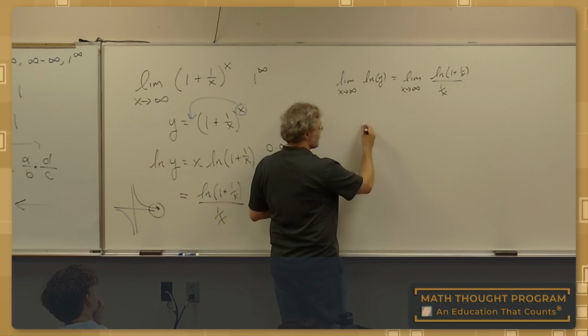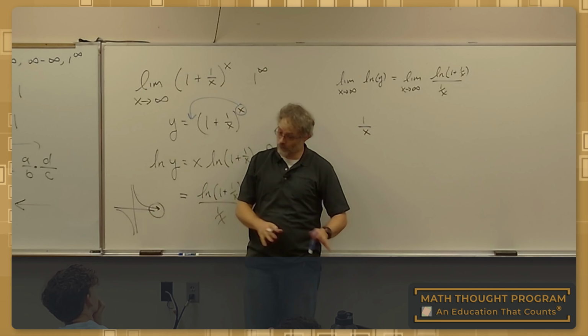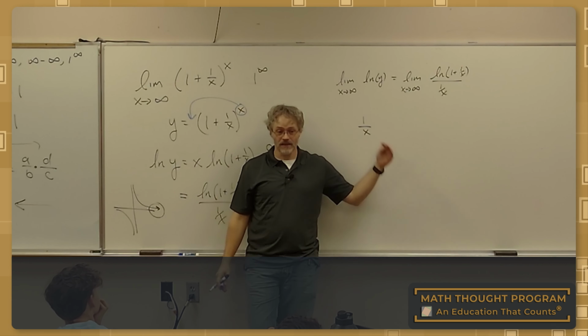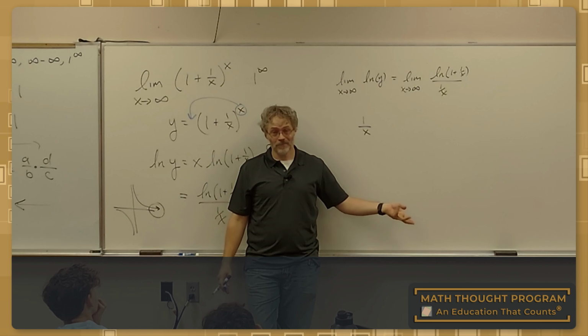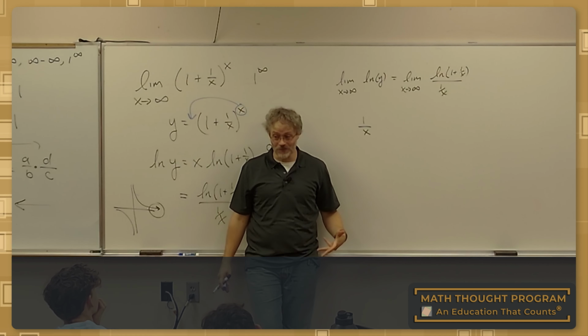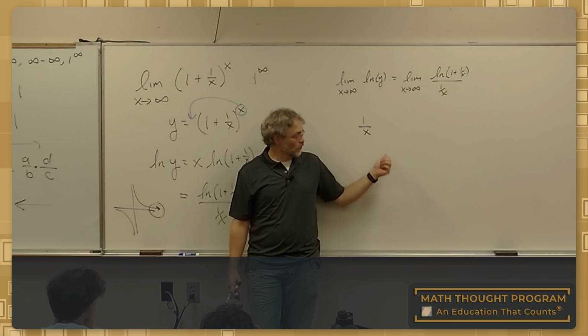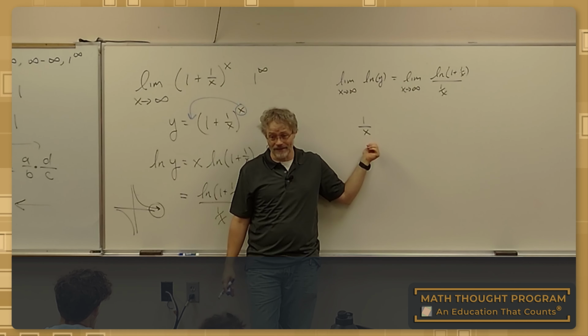Now, if I looked at 1 over x, I can definitely do this a really complicated, really hard way. And the complicated way of going about this is, it is a quotient. I can definitely apply the quotient rule. But for me, if I can avoid the quotient rule, I'm going to, because it's long, it's complicated, it's difficult. And I don't like making problems more challenging, more complicated than they need to be.